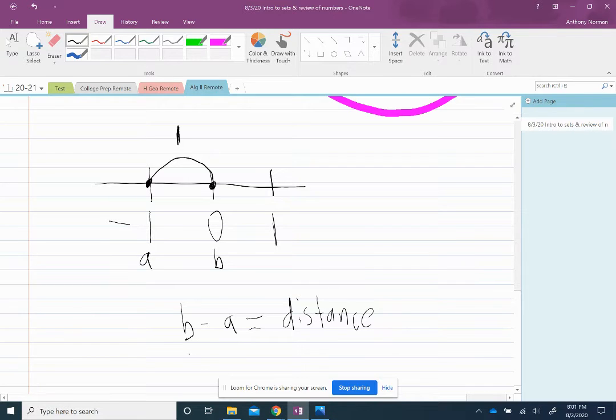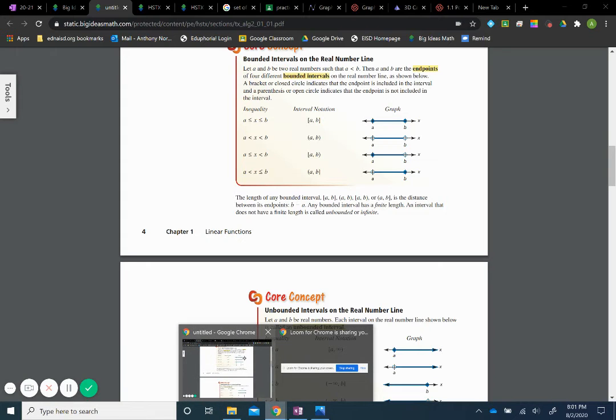So 0 minus -1 equals 1. Remember, minus a negative turns into add. So we have a distance of 1, just as we'd expect.